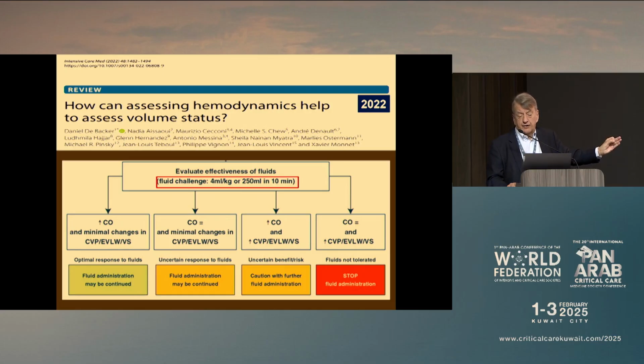These are our current recommendations for fluid assessment. We look at cardiac output and some index of cardiac filling. Central venous pressure is fine. And then, indeed, if cardiac output increases with minimal price to pay, with limited increase in CVP, we may continue. If cardiac output does not increase, we stop.